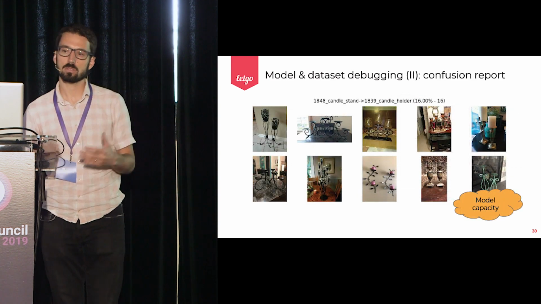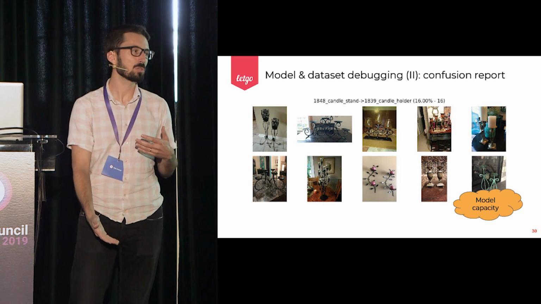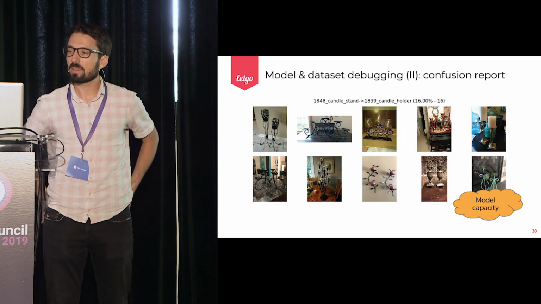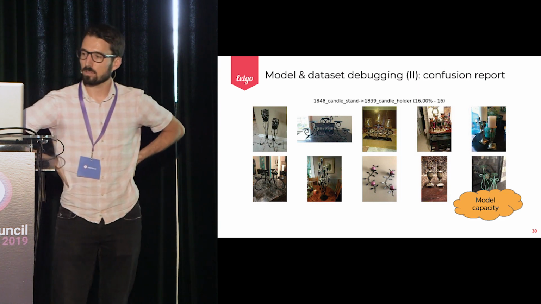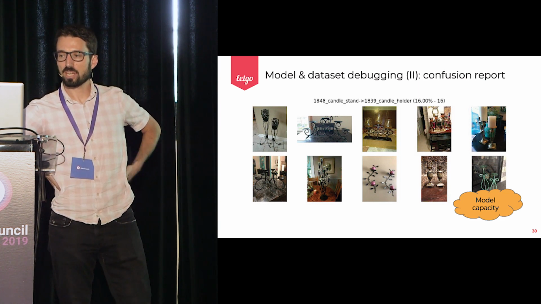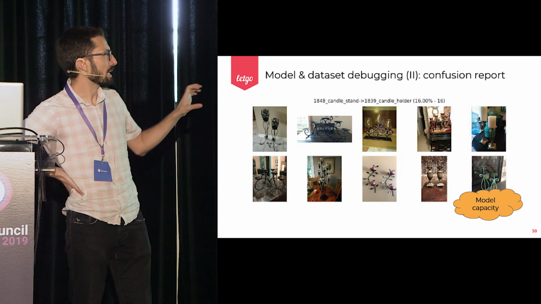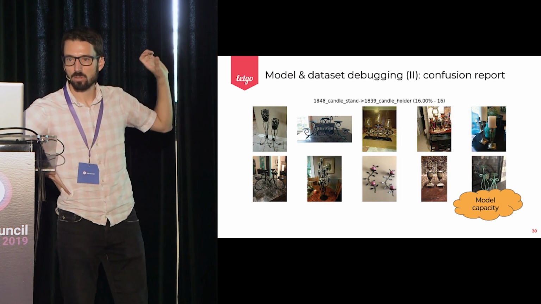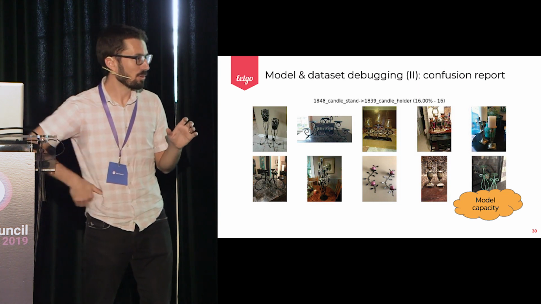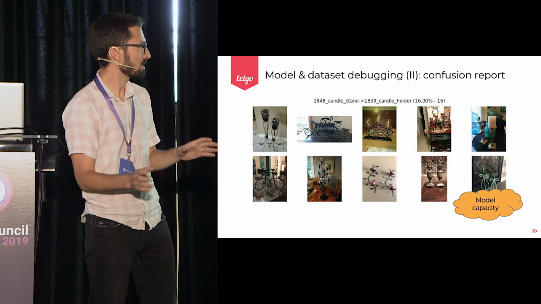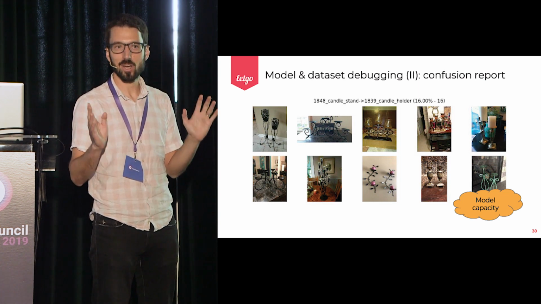In our reports, among other things, we issue a confusion report. And we will find things like this. These are a set of 10 objects that were labeled as a candle stand, but our model classified as a candle holder. Now, for 99% of humans, these two things are the same, but apparently they are not.